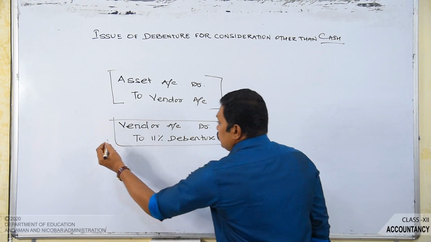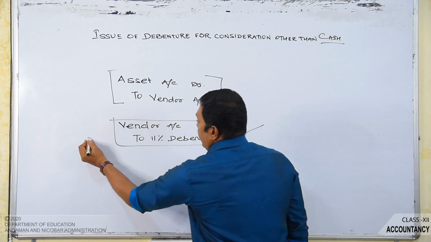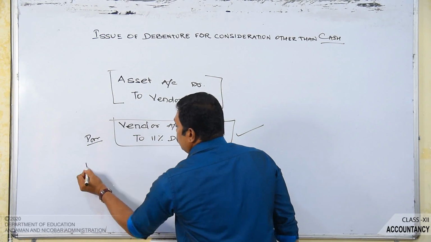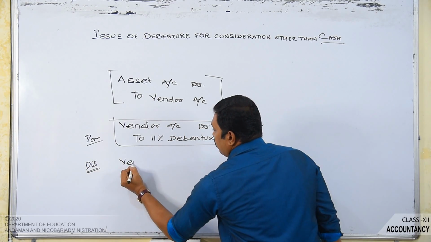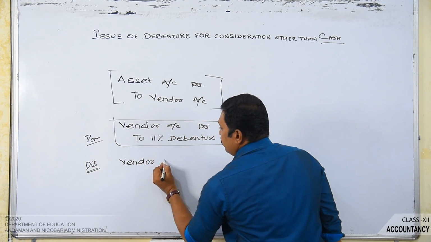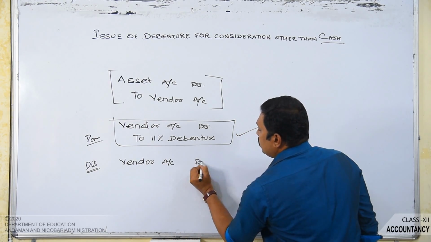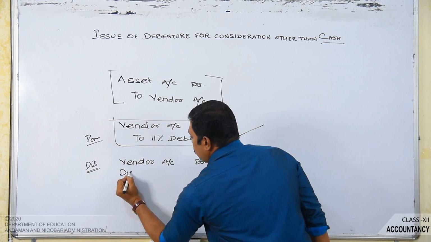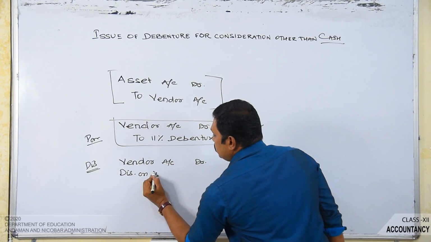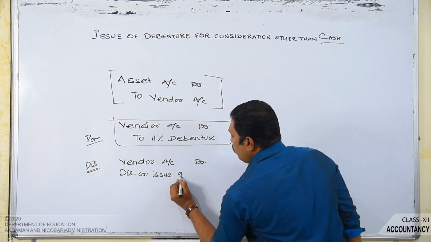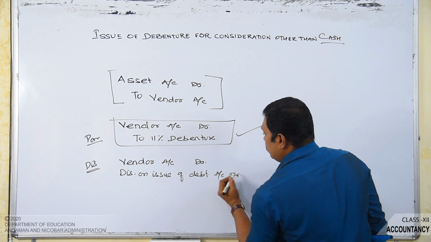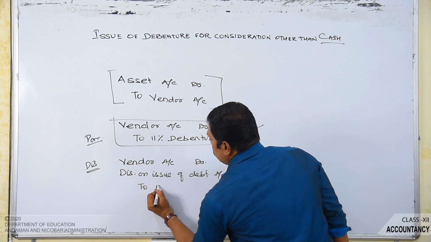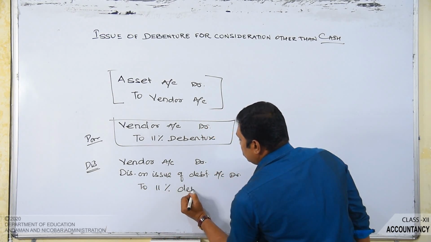Suppose we are issuing at par, or suppose we are issuing at discount, so the entry will change. What is the entry? Vendor account debit, discount on issue of debenture account debit to 11% debenture account.